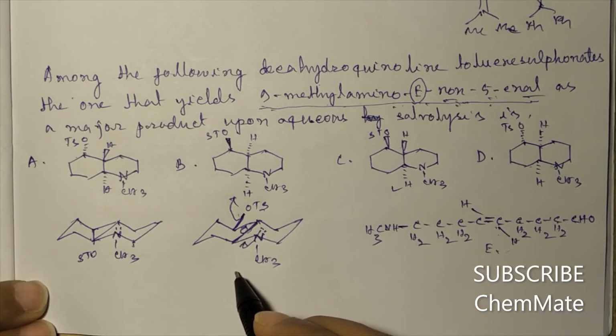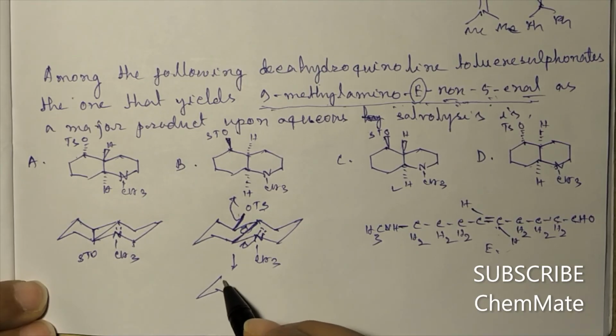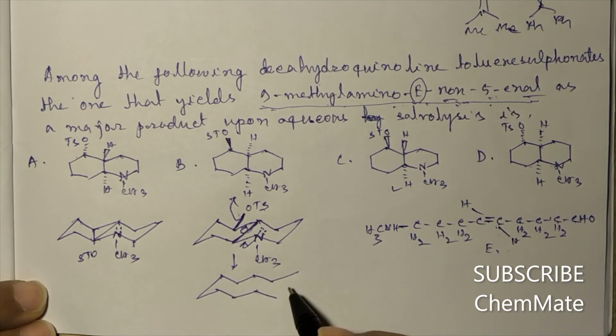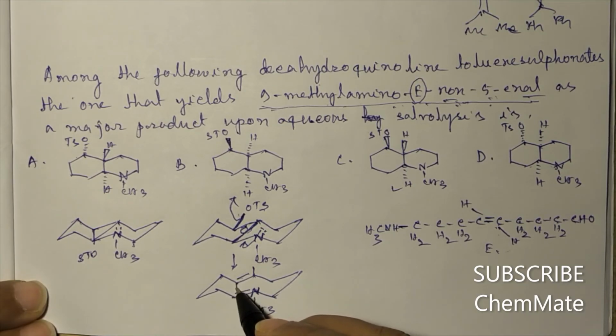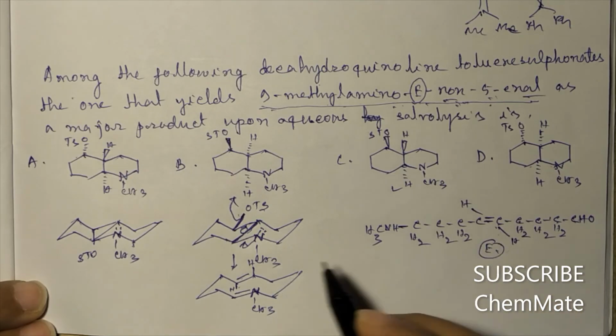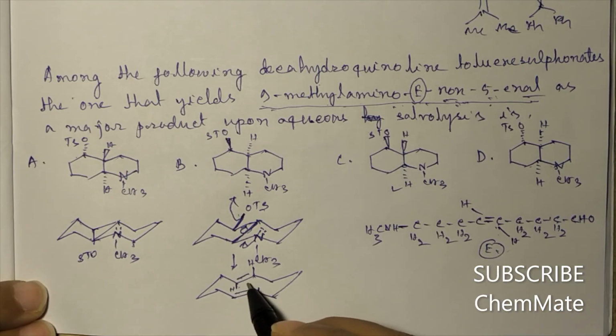So what will be the product from this? Here the nitrogen CH3, here will be a double bond, as well as here is a double bond. Now as you can see here that these two hydrogens are trans, so this double bond will have E configuration.